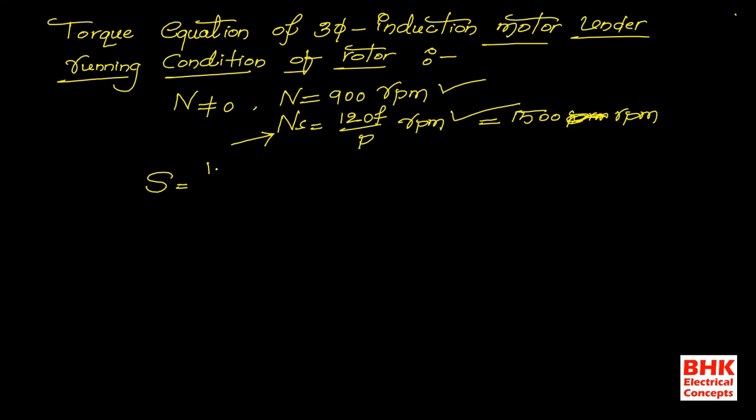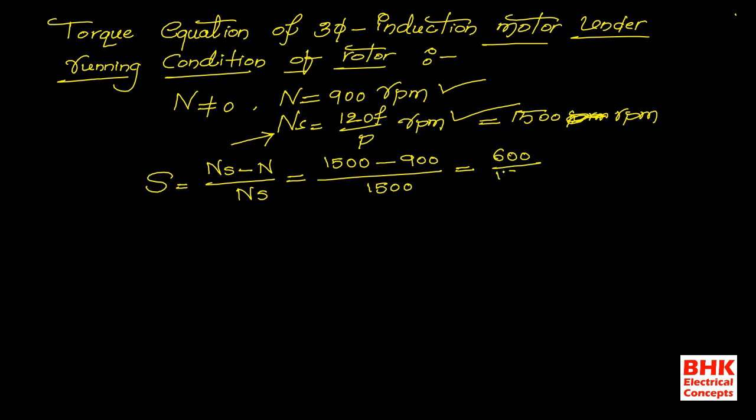So S is equal to Ns minus N divided by Ns. The Ns value we assumed is 1500, and the value of N we assumed is 900, divided by 1500. So what remains is 600 divided by 1500. Cancelling two zeros with two zeros, we get 6 divided by 15.